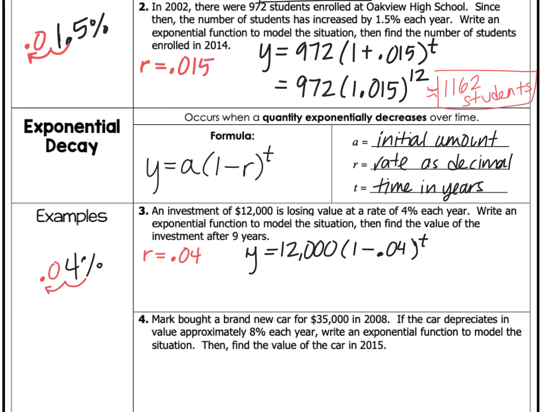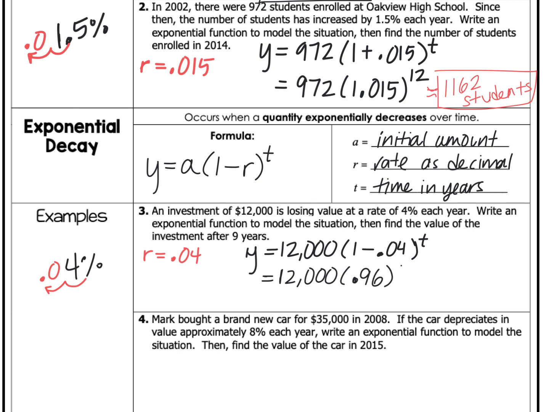It is not 0.6. That would be subtracting 0.4. What is it? 0.96, right? So please notice how this number now is less than 1, and that's why it's exponential decay. It is becoming 96% of what you had every time.